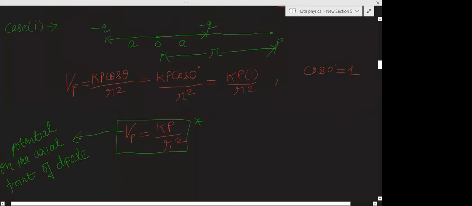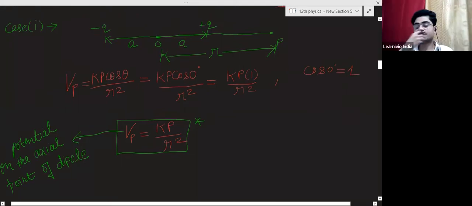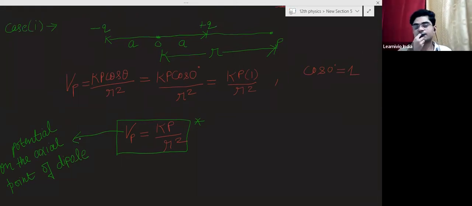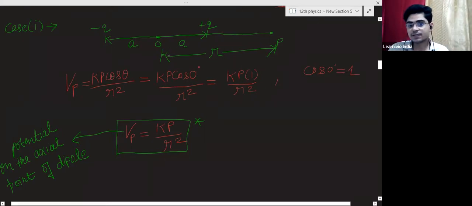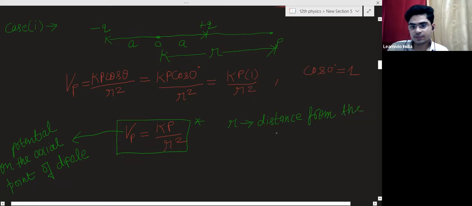Please note it down. Please remember this formula: Kp divided by r square, where r is the distance from the center of the dipole.